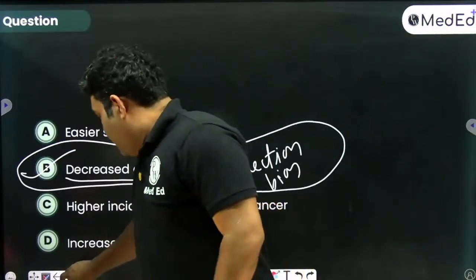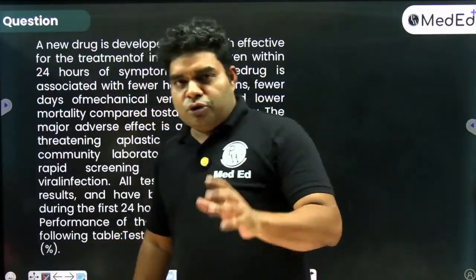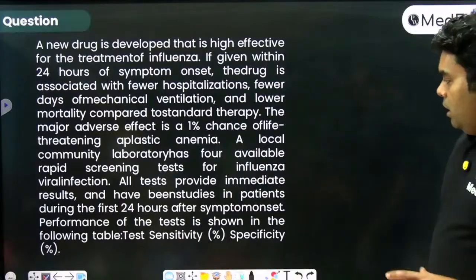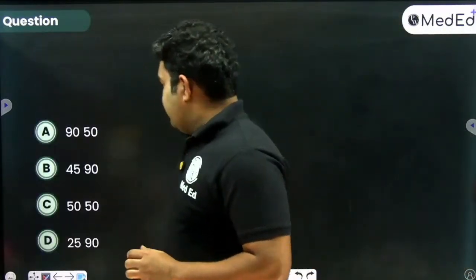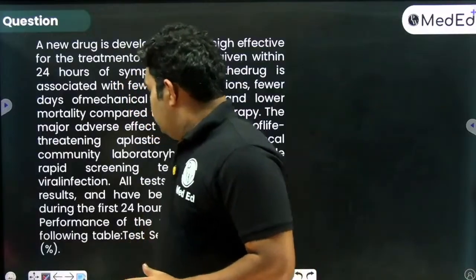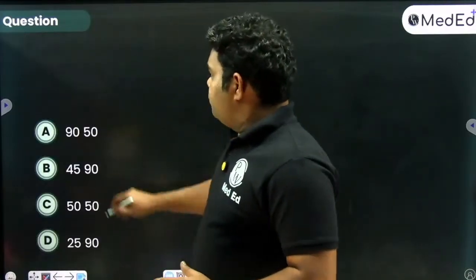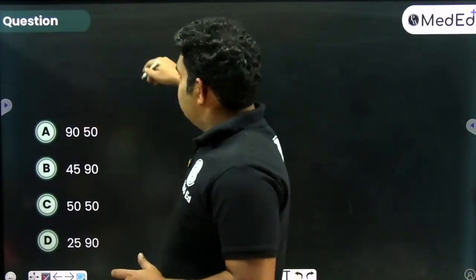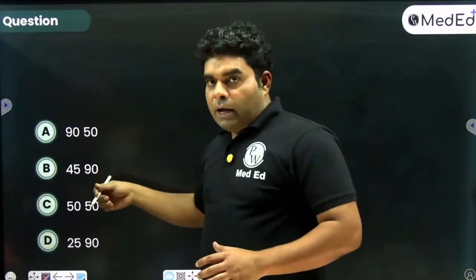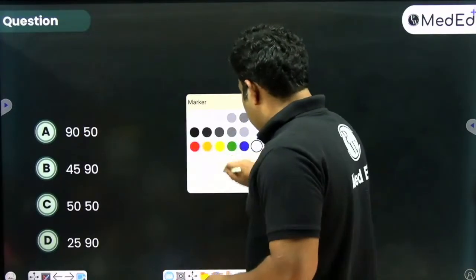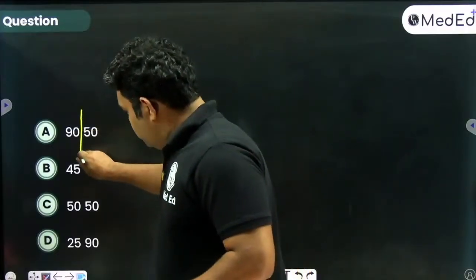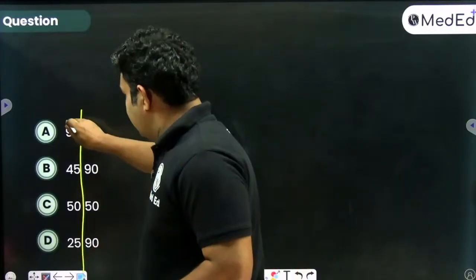Okay. Chalo. Now, next question is that we are applying two tests, test A and test B. And if you are applying first test A, then test B, this first part is telling us about the sensitivity.